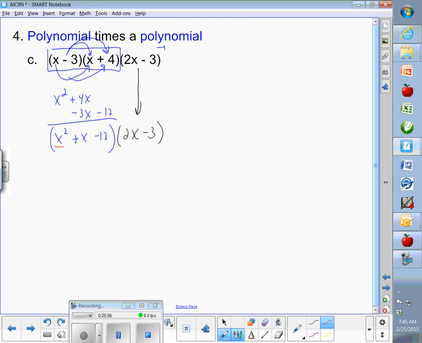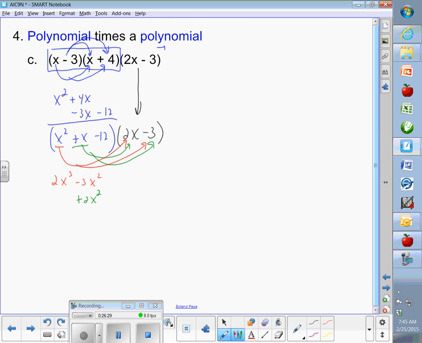First term, let's distribute it, x squared. I'm distributing it to the back binomial, x squared times 2x, 2x cubed. Second distribution, x squared times a negative 3, negative 3x squared. All right, do the middle in green. Positive x times a 2x, a positive 2x squared, lining them up in the x squared column.